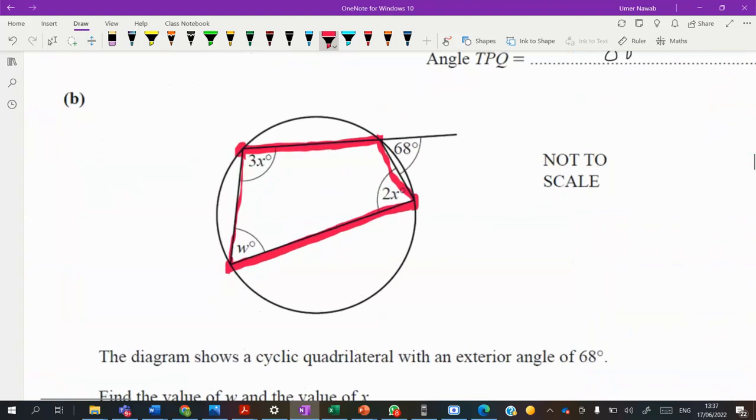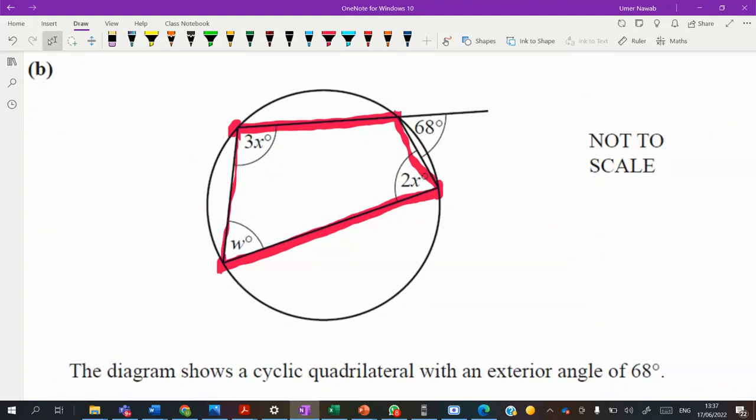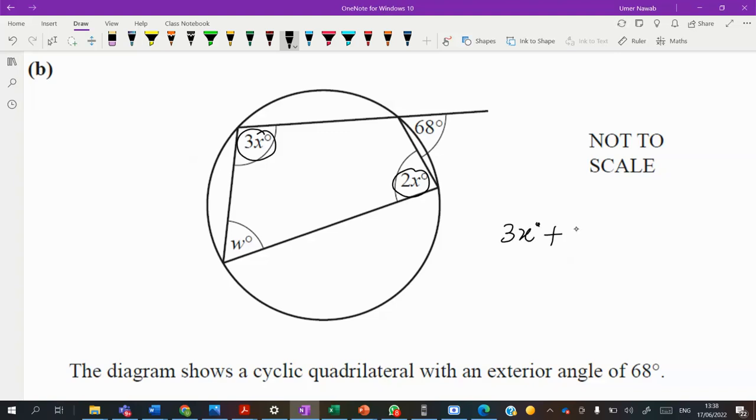If they are on the circumference, it means it is a cyclic quadrilateral. And what is the famous property of cyclic quadrilateral? Their opposite angles are supplementary. So can I say that 3x and 2x, their sum should be equals to 180? So 5x is 180. So I'm going to get x is equal to 36 degrees.